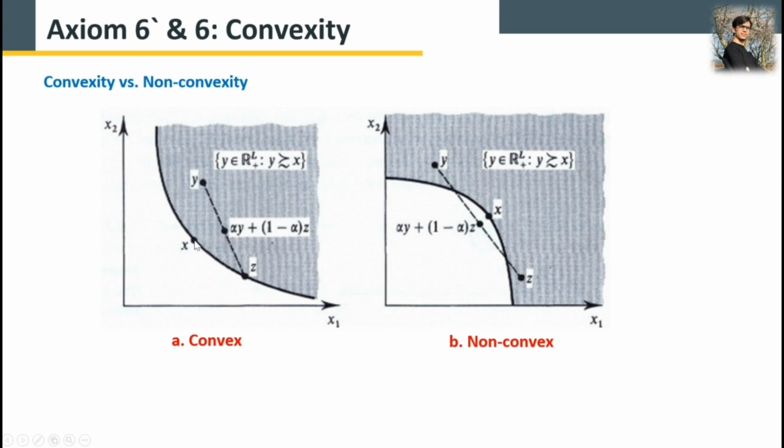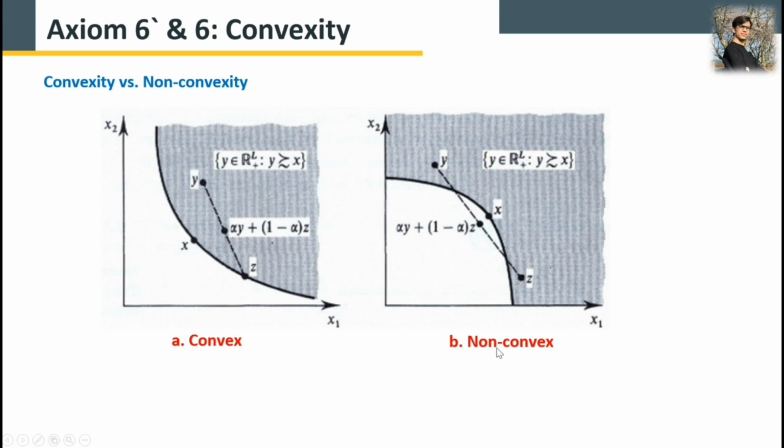This one is also at least as good as x based on the other axiom that more is better than less. So the combination, the point of alpha y plus 1 minus alpha z, has a higher amount of x1 and x2. When it has a higher amount of x1 and x2, then it's preferred to x, this point. So this is convex.